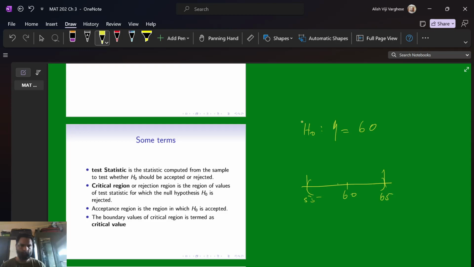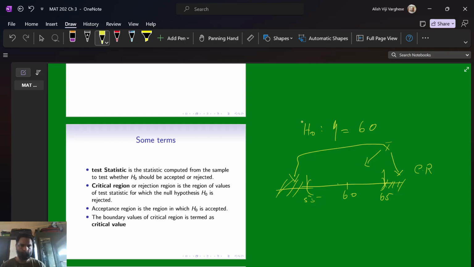Then if the value of X bar falls inside this region, we accept our statement. And if X bar is outside the region, then we reject the null hypothesis and accept the alternative hypothesis. So the region outside the interval is known as the critical region. So that's a simple explanation of critical region.